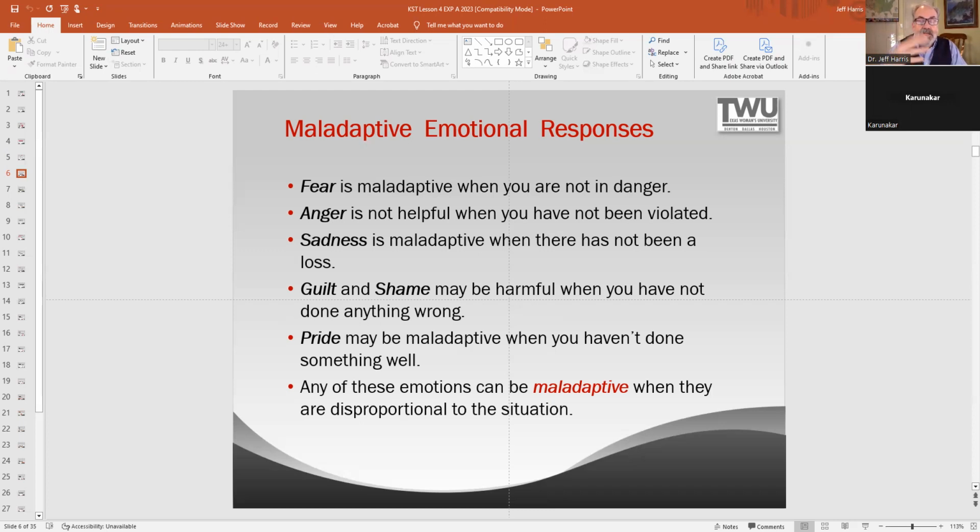So you can think about people in your life, and some people are too fearful, some people are too angry, some people are kind of stuck in sadness, some people often experience guilt and shame. So often many of the psychological disorders that we treat are patterns of maladaptive emotions.